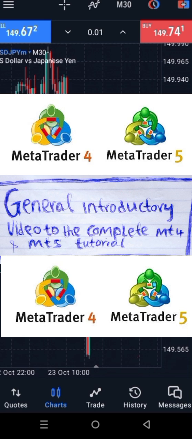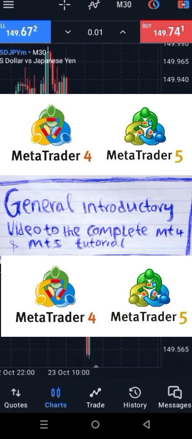MetaTrader 4 mostly deals with financial markets like FX and CFDs, whereas MetaTrader 5 deals with FX, CFDs, futures, and even stocks. And so it's an added advantage for you to be able to trade other financial markets in MetaTrader 5 than MetaTrader 4.